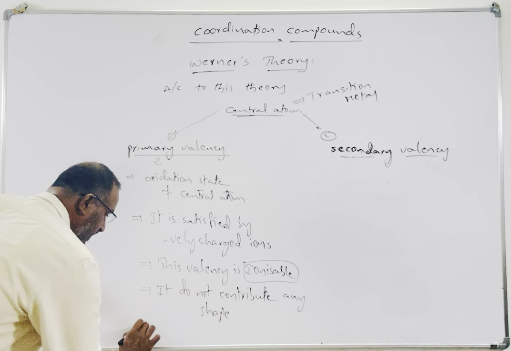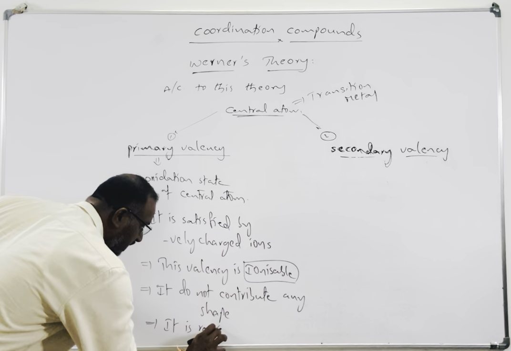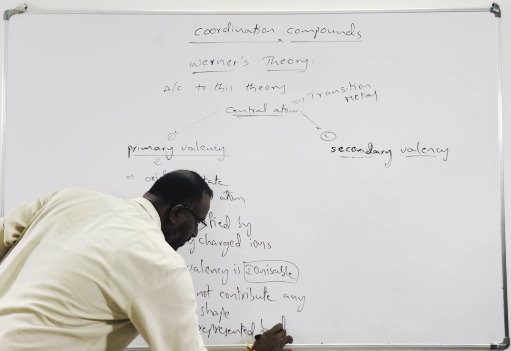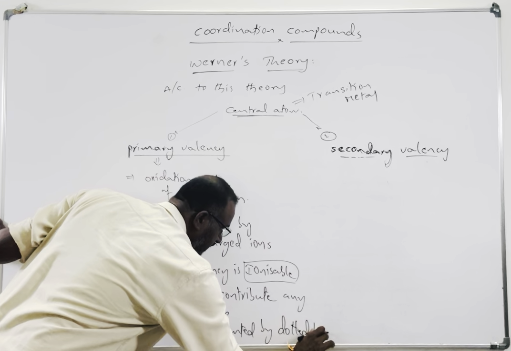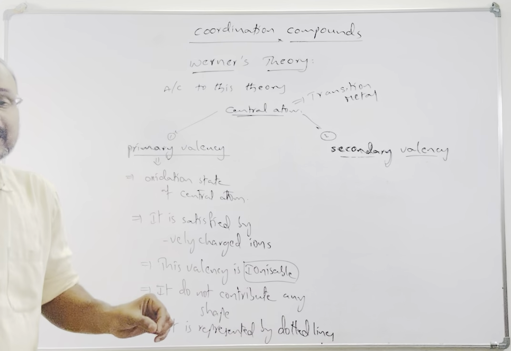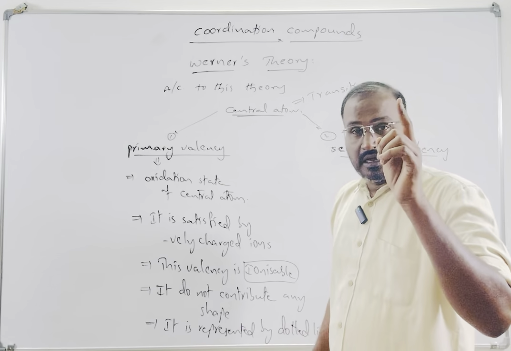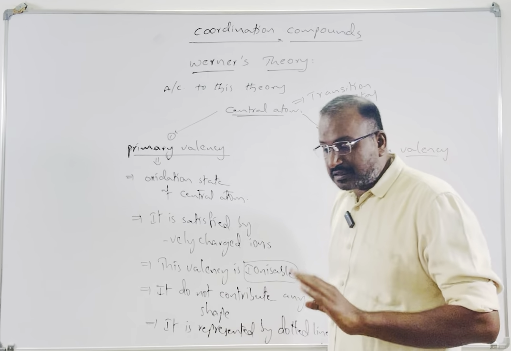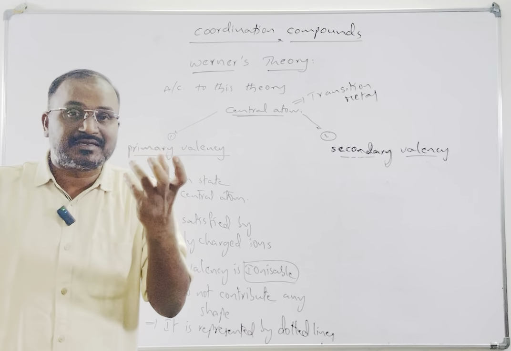And the last point is that it is represented by dotted lines. In the textbook or in your notes, if any valency is represented by dots, that represents primary valency. That valency is ionizable, does not contribute to any shape, and is satisfied by negatively charged ions, because primary valency is nothing but the positive oxidation state of the central atom.